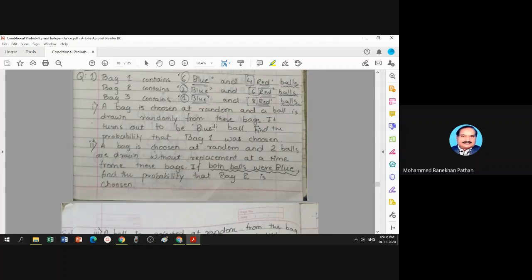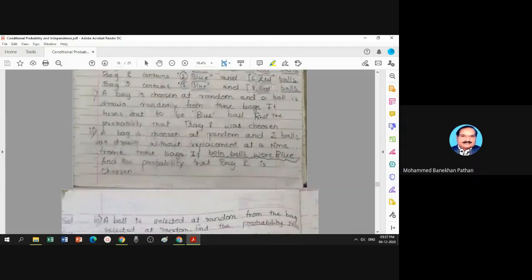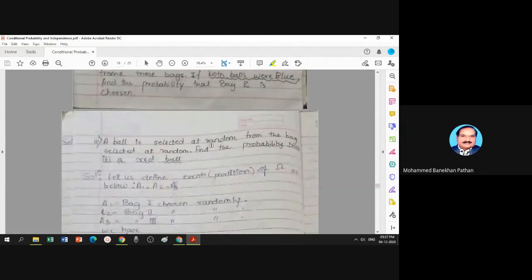By using this information, what is the chance bag 1 is selected? Whereas in bit number 3, we are selecting a ball from the bag which is selected randomly. I want to find the probability that a red ball is selected.